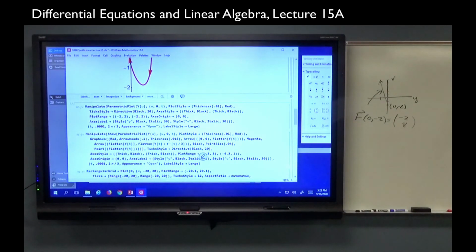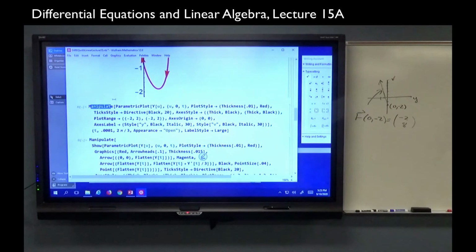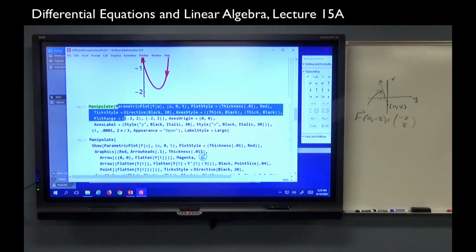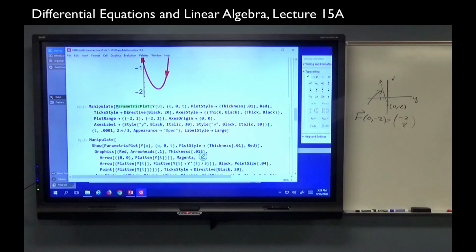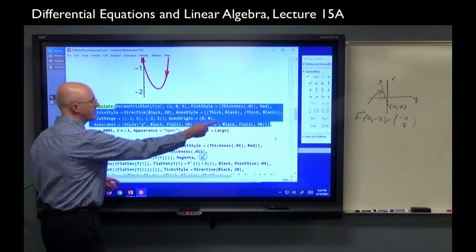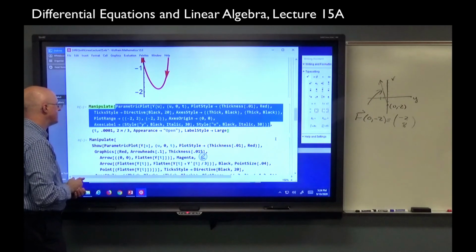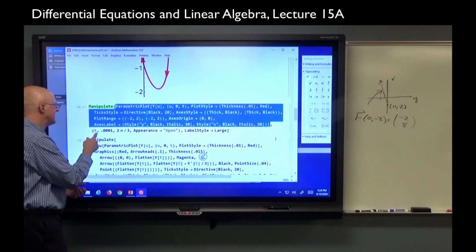This one, because it's in a Manipulate, will make an animation. See the Manipulate? I've got a parametric plot in there. Just a parametric plot, in fact. This all is the parametric plot right there with various formatting commands. It's inside the Manipulate. After that, you put a comma, and then you put the animation parameter for the Manipulate, time in this case.